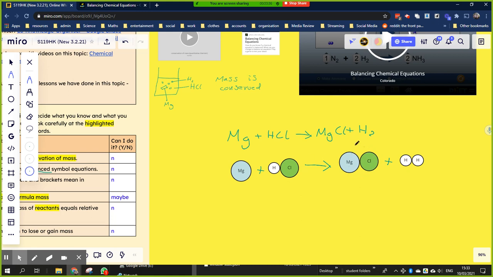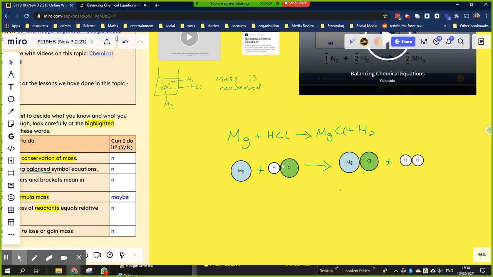Now, I will say that this bit here is inaccurate, but it's going to help us visualize it. The reason is you cannot have a molecule of an ionic compound, because we've got metal and non-metal. That's an ionic compound. It's not something that we're looking at within this module, but it is in your GCSE. So I just want to mention that you can't actually do this, but it still helps us understand visually what's going on.